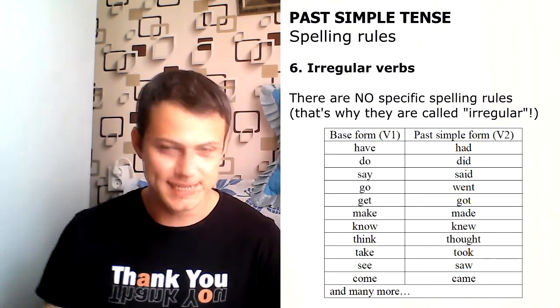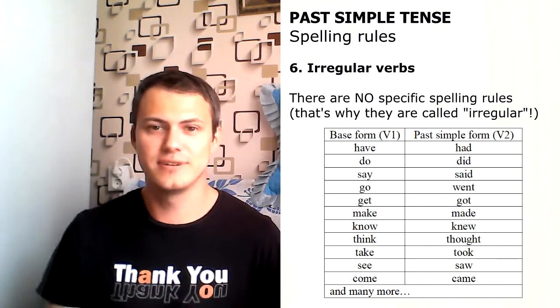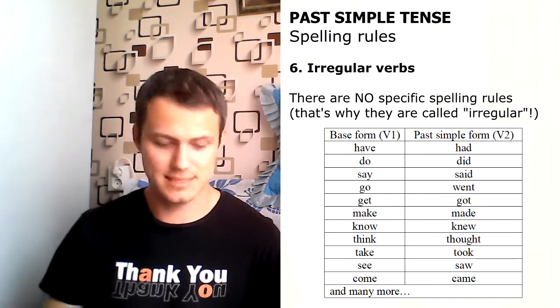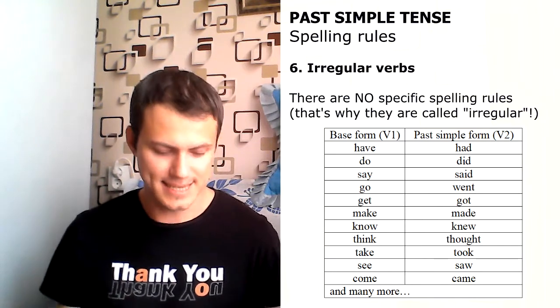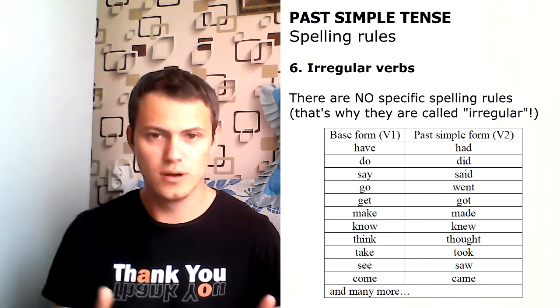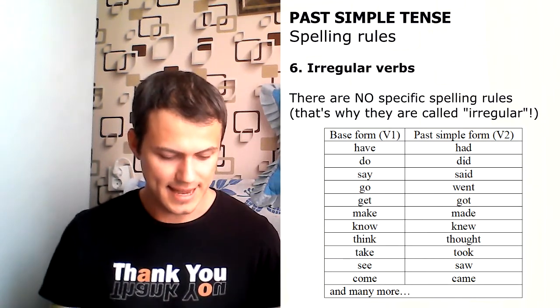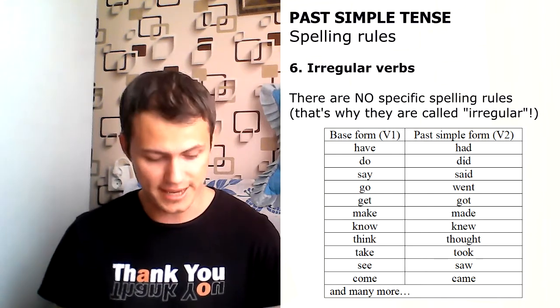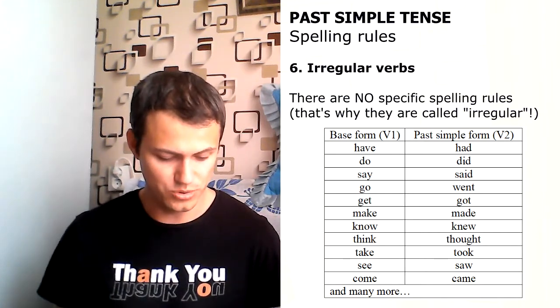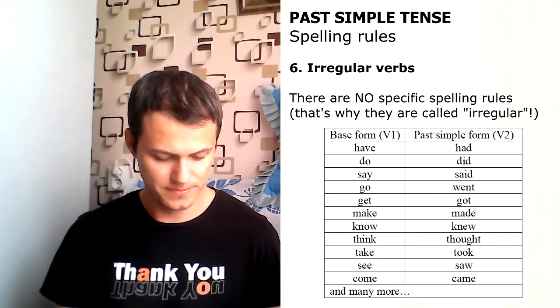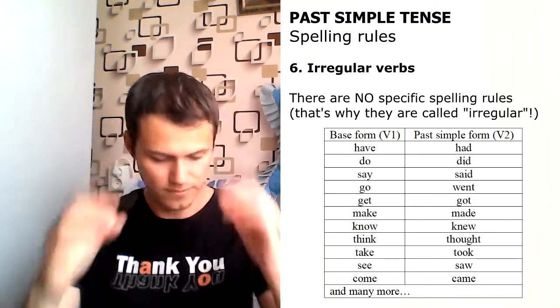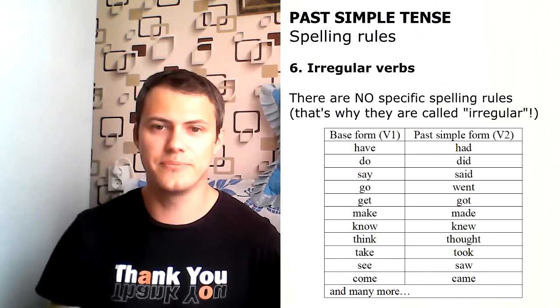So guys, for example, have becomes had in past simple, do becomes did, say, said, go, went, get, got, make, made, know, knew, think, thought, take, took, see, saw, come, came, and many more irregular verbs.